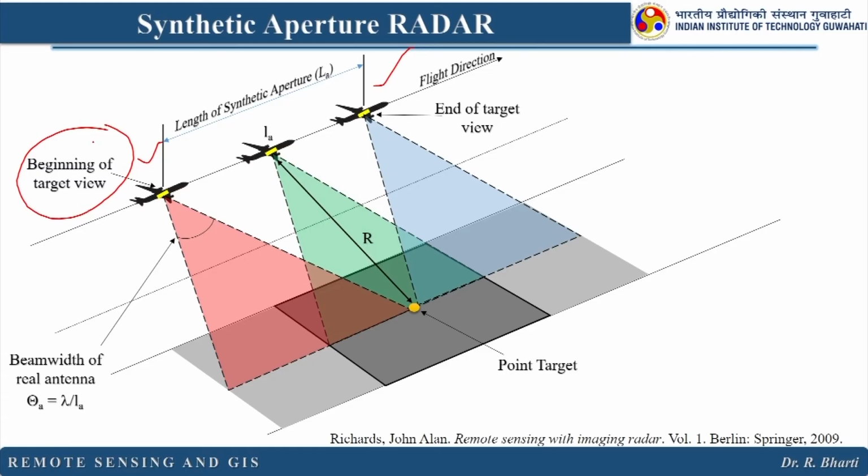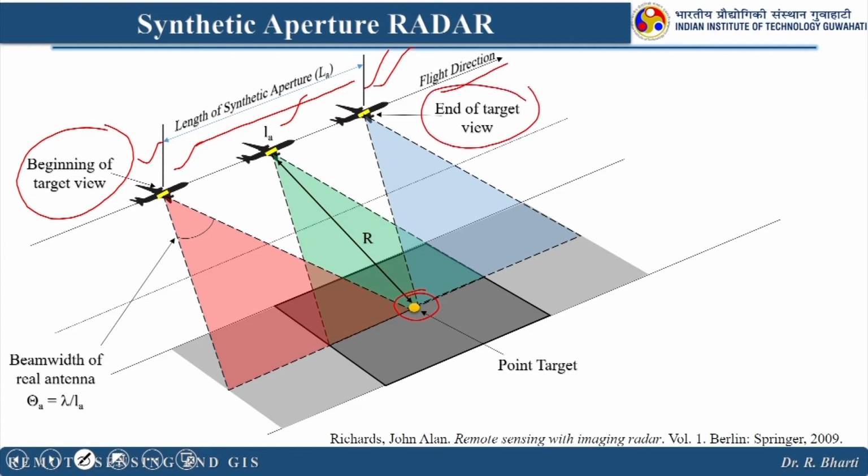From here it will see this particular target, and this is the length of the synthetic aperture. How is it done? The signal is transmitted from here and received from here or here. That is the length of the antenna we are going to synthesize, and this is the flight direction.